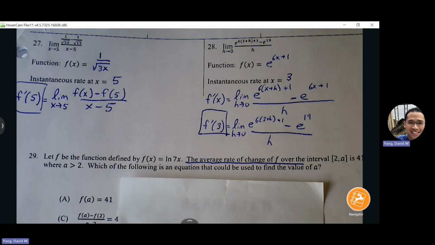Let the function be defined by f of x equals natural log of 7x. The average rate of change over the interval from 2 to a is 41, where a is greater than 2. Which of the following equations could be used to find the value of a? So the definition for average rate of change is just the slope between the endpoints of the original function, basically y2 minus y1 over x2 minus x1. So see if you can build your slope formula and then figure out which option would best fit the information given.